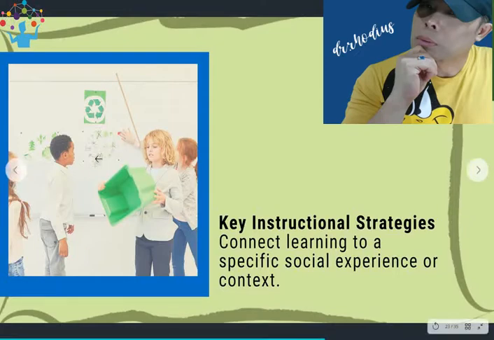So you can connect a specific topic in science so that children will be more acquainted and more connected to the challenges of climate change. So how am I going to connect the English language to climate change? How am I going to connect mathematics, for example, with the issue of diversity, or the issue of equality, or the issue of peace?